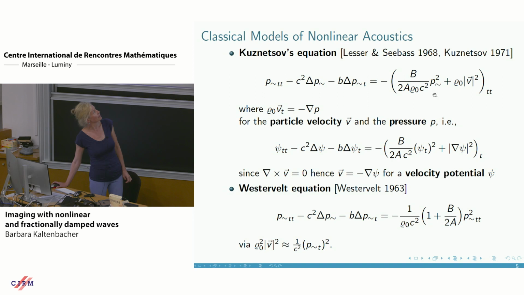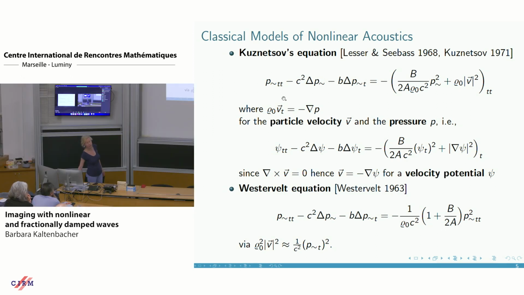And then, this one also contains the nonlinearity parameter. And then you have the pressure, and if you just look at the pressure over here, and if you neglect these nonlinear terms and also this strong damping term, then you see it's just the simple linear wave equation. So that's the relation between the linear and the more general nonlinear model.